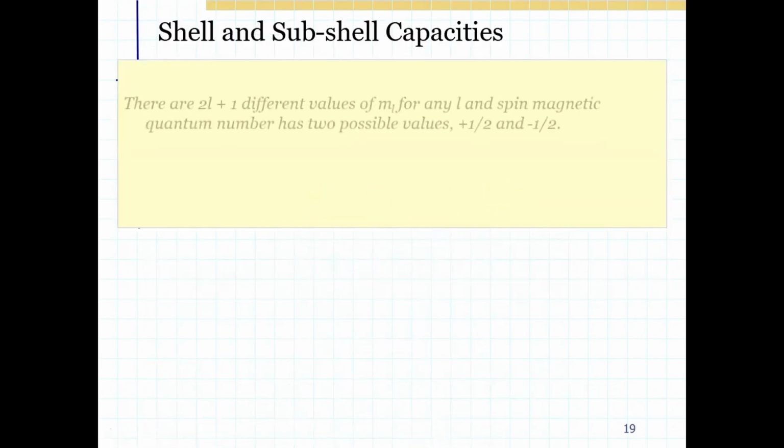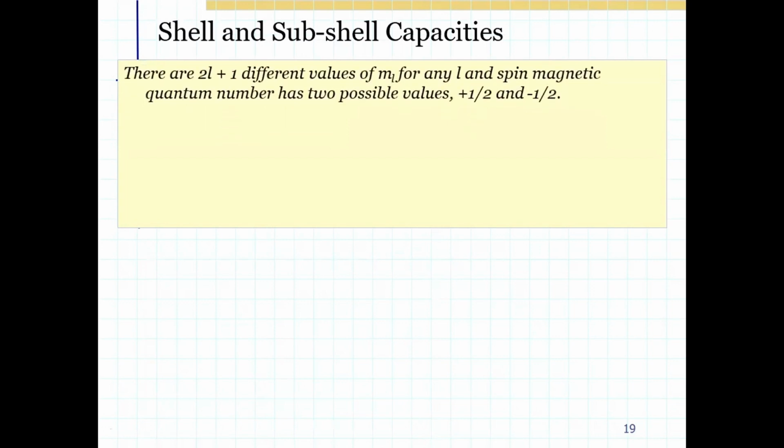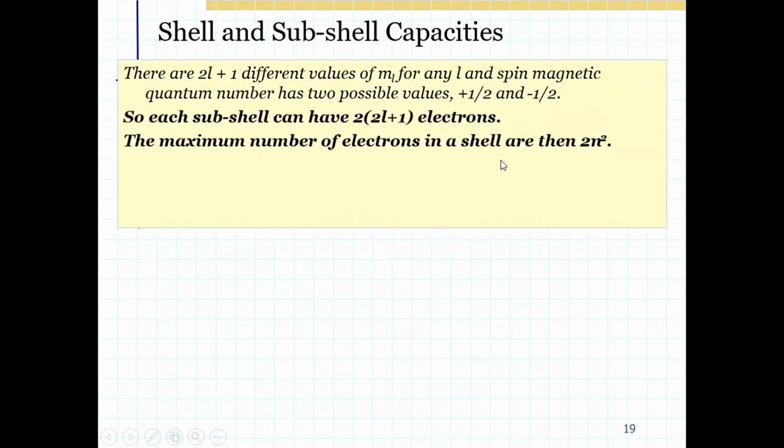Now we come to look into the capacities of the shells and the subshells. There are 2l plus 1 different values of m_l for any value of l, and these are the total possibilities. The spin magnetic quantum number can have 2 possible choices, plus half or minus half, spin up or spin down. So each subshell will have 2l plus 1 possibilities multiplied by 2. The 2 stands for spin up and spin down.